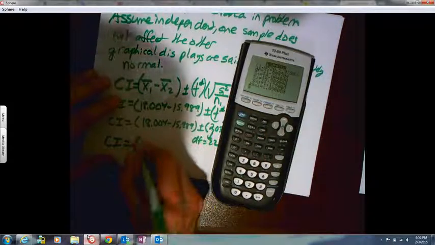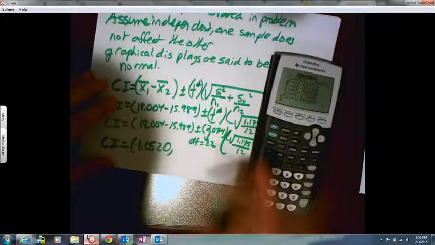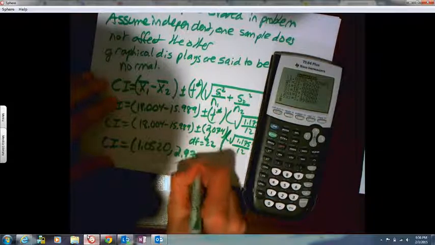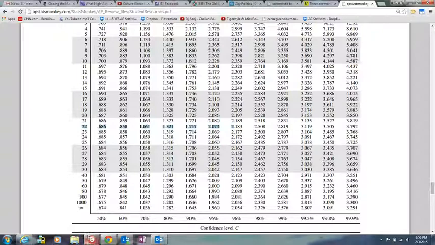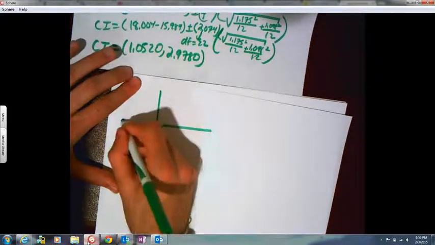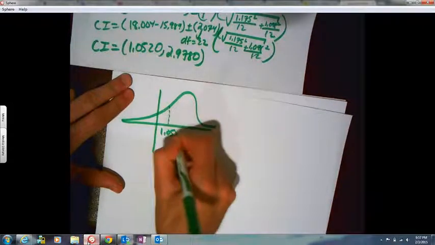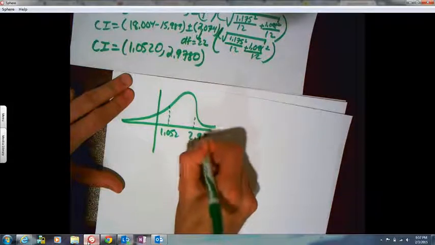The confidence interval is from 1.052 comma 2.978. Right? Now I have to draw the picture. Excuse me, sorry, that got switched. Time to draw the picture. So the picture says 1.052, 2.978, 0.95.